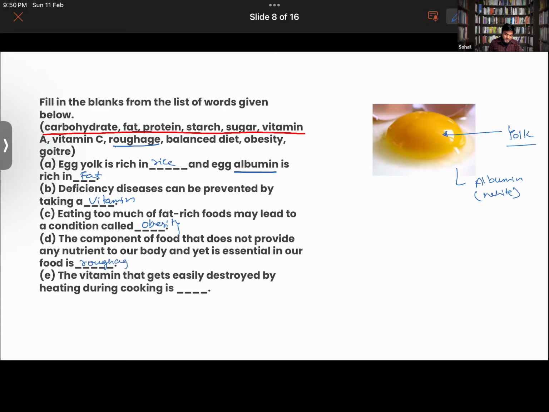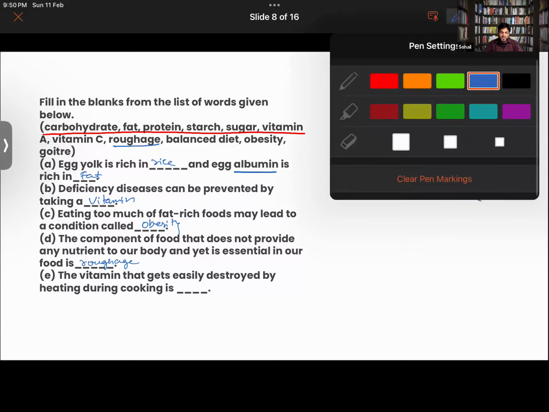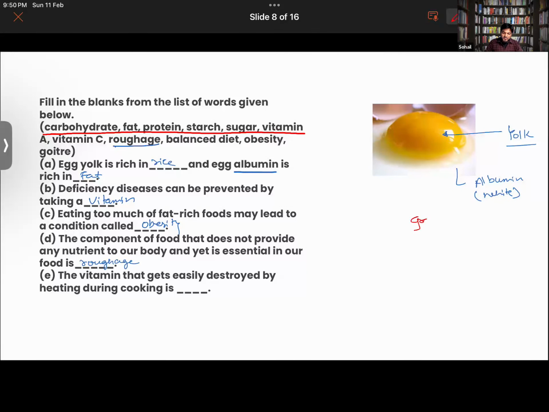No, what is roughage? See, roughage is basically a fiber. It's a dietary fiber, and it is not digested. For example, when you eat grain, vegetables, fruits, they consist of dietary fiber in them. That is simply called roughage. So roughage is also called dietary fiber.